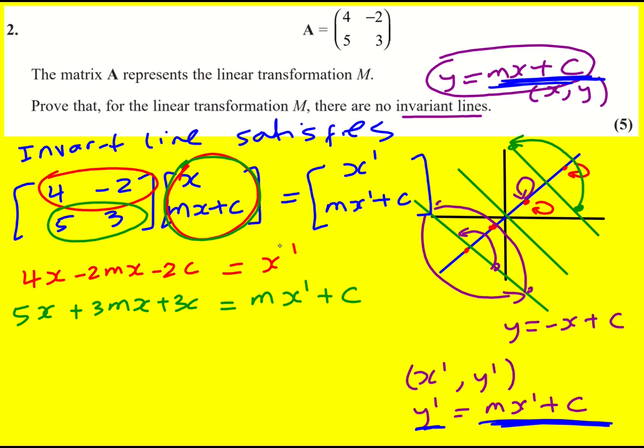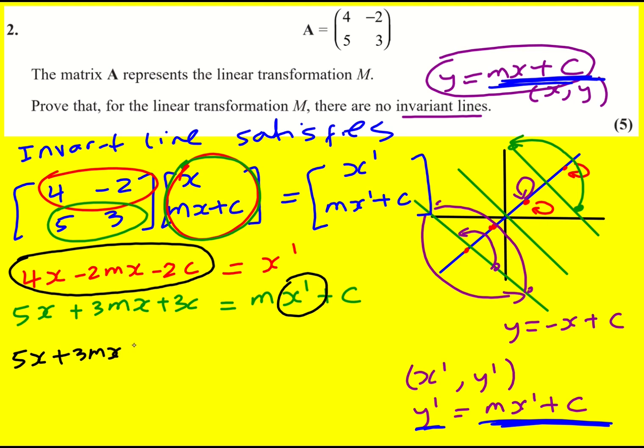Because what we're going to do now is replace this x dash by this, because then I'll just get an equation involving m and x and some constants, oh, and c, of course, but we get rid of the x dash. Therefore, 5x plus 3mx plus 3c is equal to m times (4x minus 2mx minus 2c) plus c.